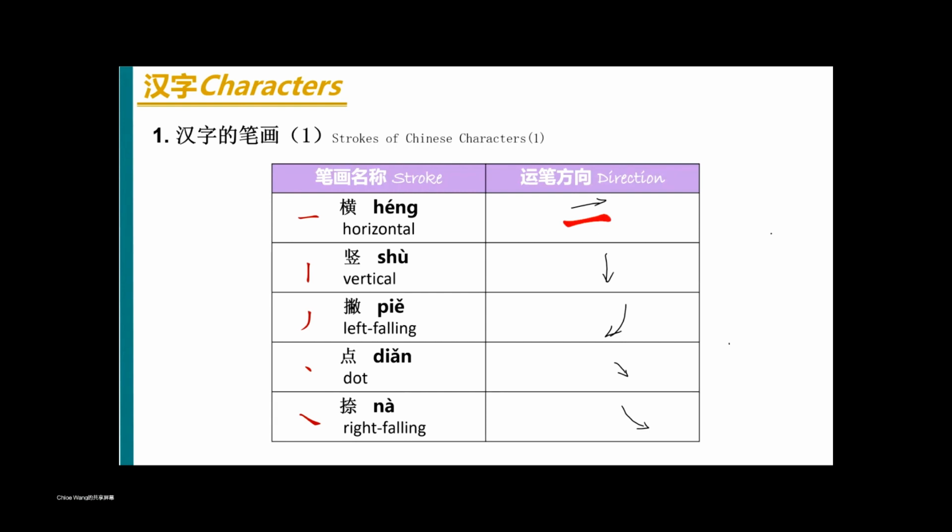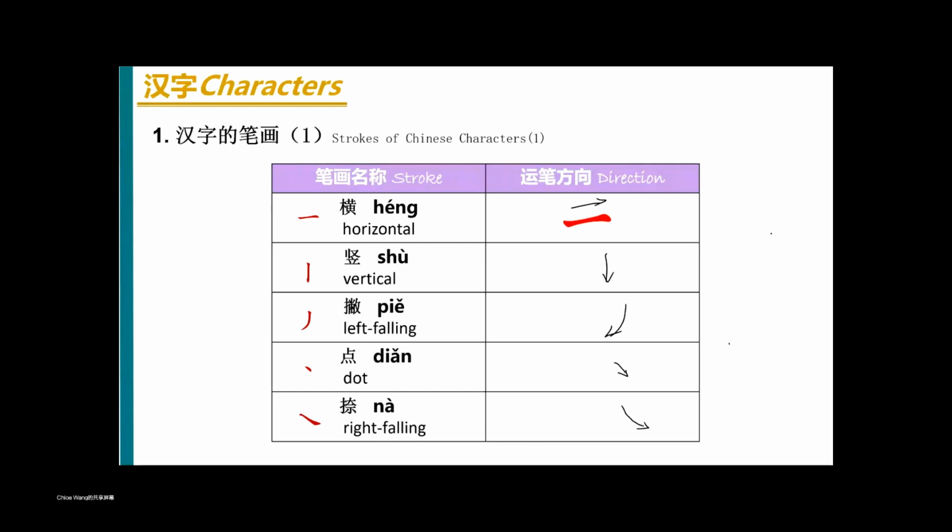Yes, so for strokes, not only do we need to write them out, but we also need to write them in the right direction. We can tell from this 横 that the direction is from left to right. Now you can take out your notebook and practice after each stroke.